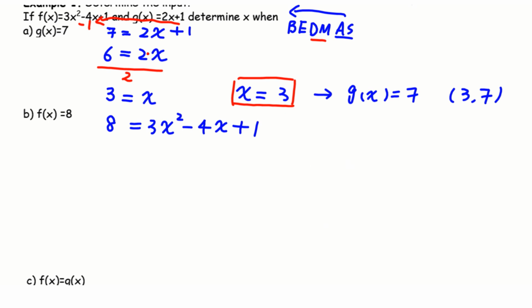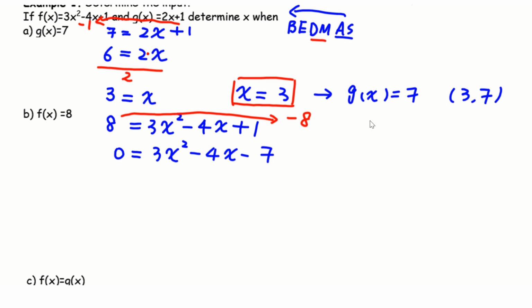For a quadratic equation, we need to make sure one side is 0. So we move the 8 to the other side by doing the opposite operation, minus. So we have 0 equals 3x squared minus 4x plus 1 minus 8, which gives you minus 7. Then this is a quadratic equation with 3 terms, so we could use the X game.